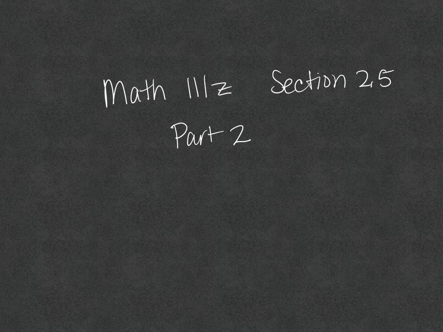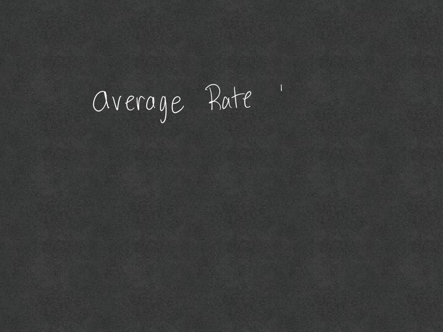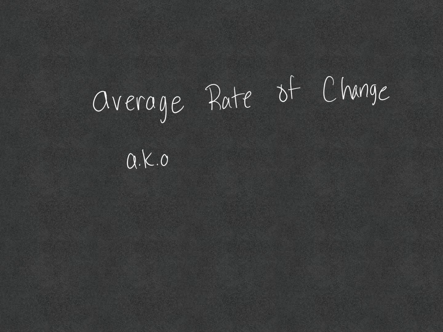Okay, here we go. So we're going to talk about the average rate of change, which is also known from your great time in Algebra 1 as the slope. AKA, also known as, its street name, the slope.